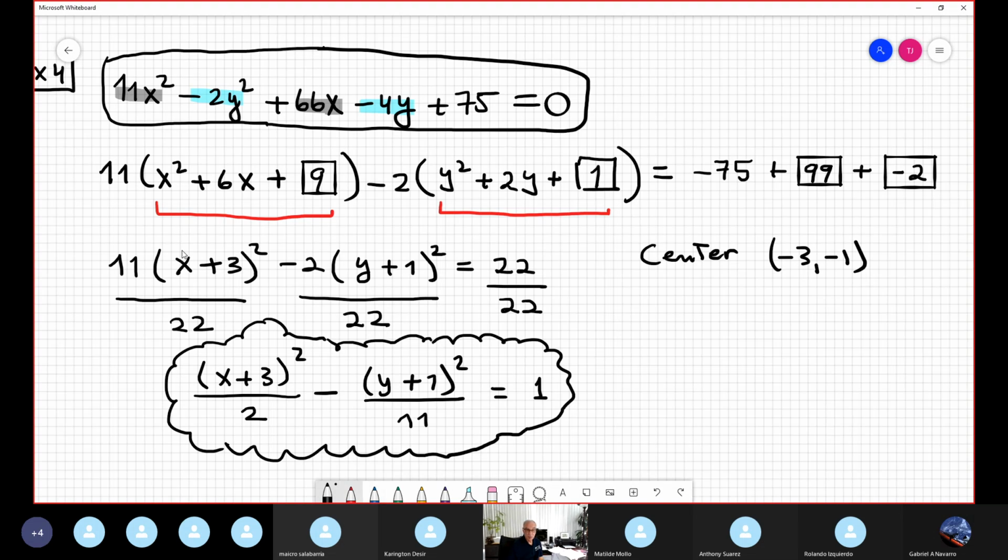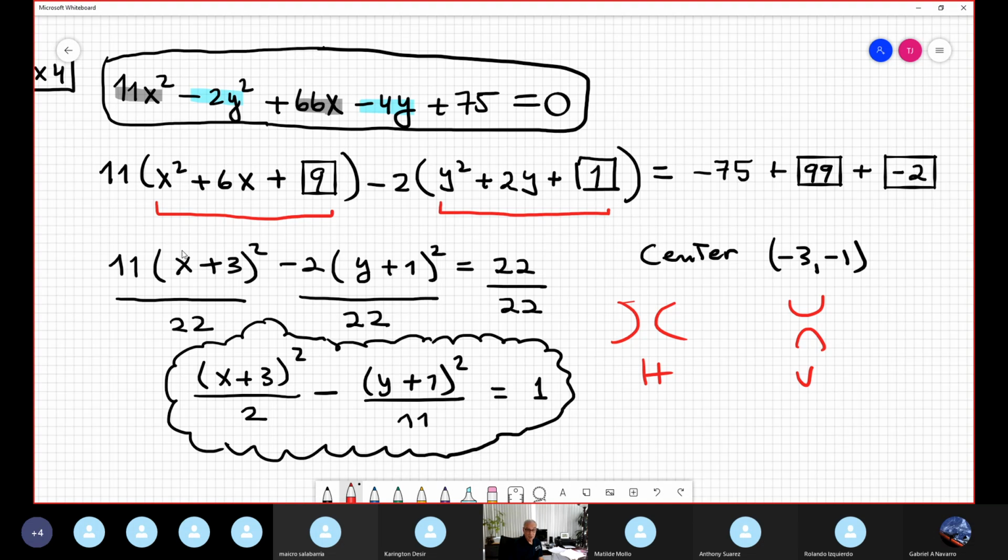Does it open in this direction or that direction? Horizontal. How do you know it's horizontal? What is the clue that gives me that information? Because the x term is positive. Exactly, because the x is positive.